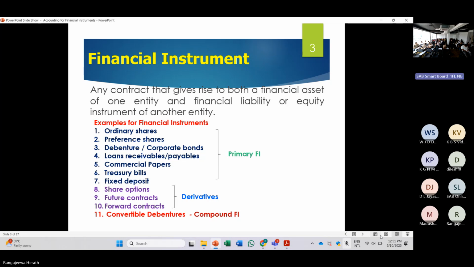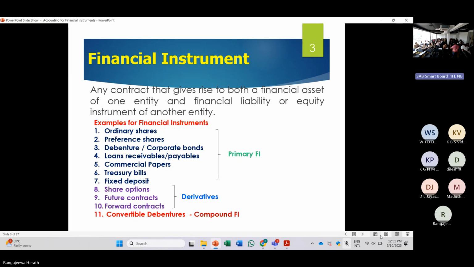Covered by SLFRS, okay. Right. Then the company can invest in ordinary shares of another company, not the majority, but a large percentage like 30%, 40%, 25%.